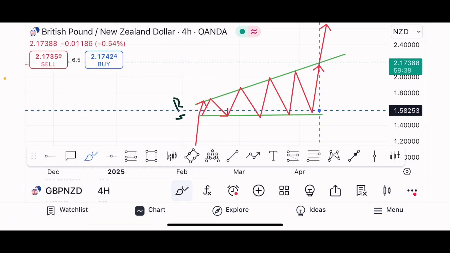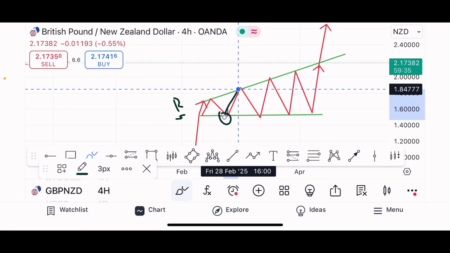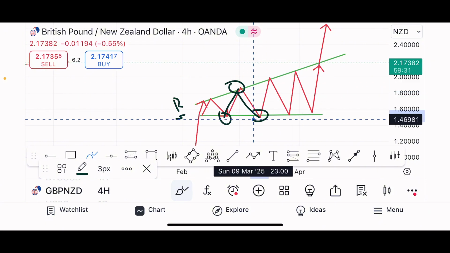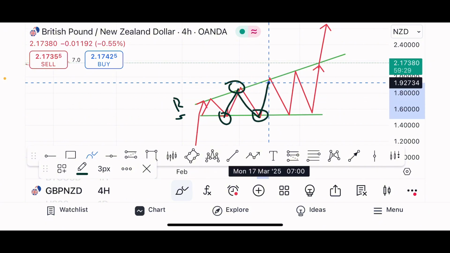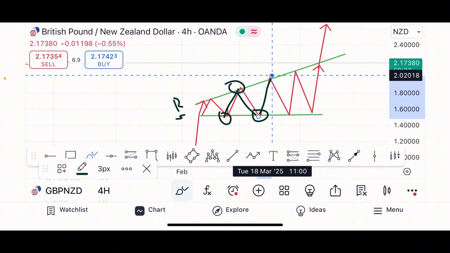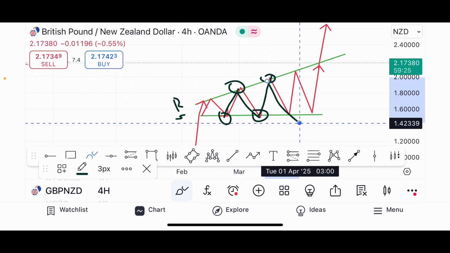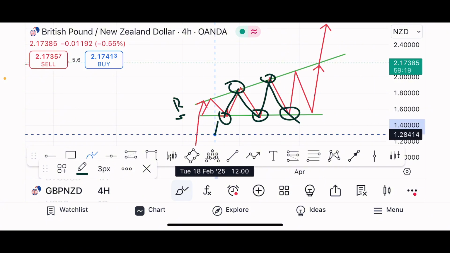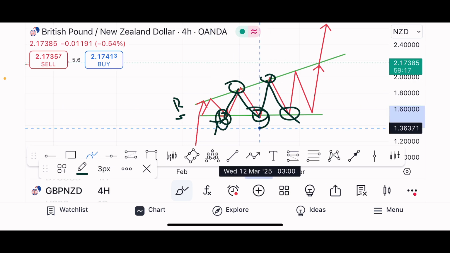So we buy at the support, then we close off at the resistance, buy. But this time around, our take is a lot bigger than the previous take, and it comes back. And now for the third time, our third take is very much bigger than the first take, which is this one, and the second take, which is this one.